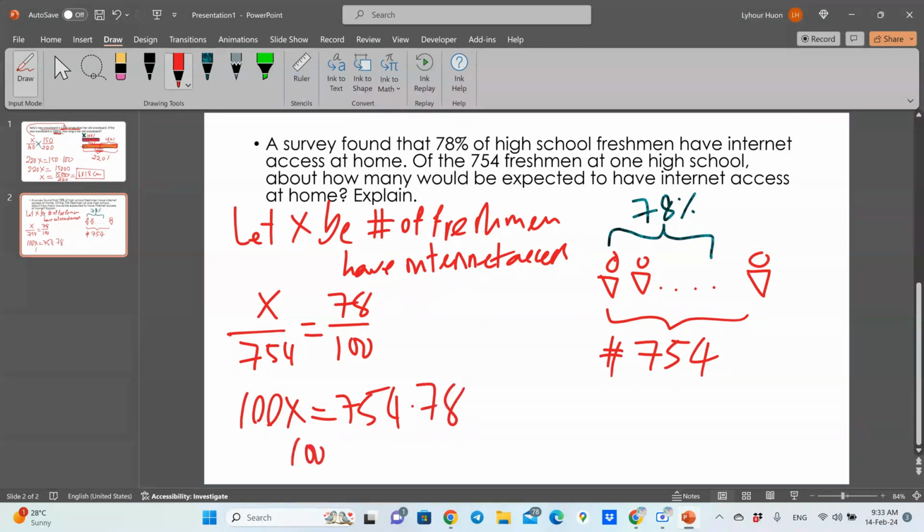Then 100x equal to 58,812, yes, correct, divided by 100. X will be, yes, divide by hundreds.